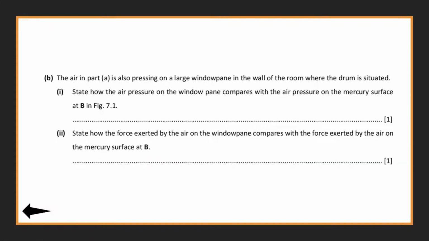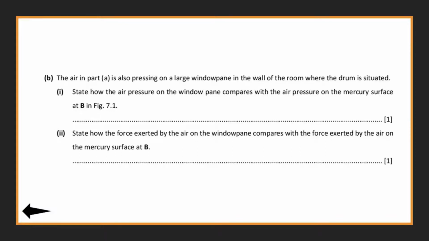Question 7B. The air in part A is also pressing on a large window pane in the wall of the room where the drum is situated. 7BI. State how the air pressure on the window pane compares with the air pressure on the mercury surface at B in figure 7.1.